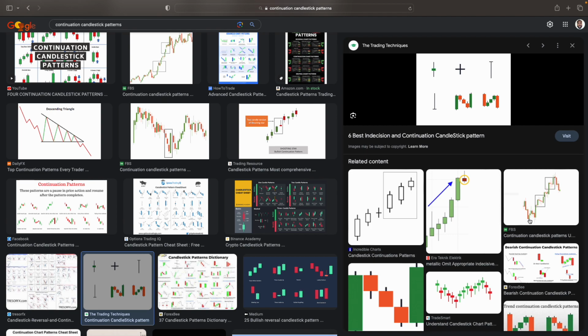Let's put your entry right here. Okay, let's put a limit order right here in this area. And then what happens? Price pulls back down here and your limit order gets filled. And then it takes off in your favor and you have a great entry. And you have a bullish pattern right here with a doji followed by an engulfing. And those are the things you need to watch for.